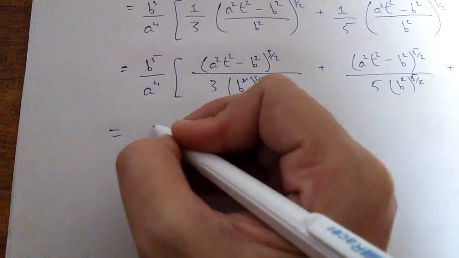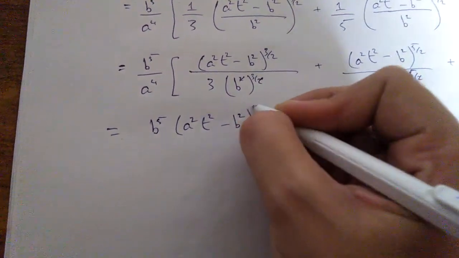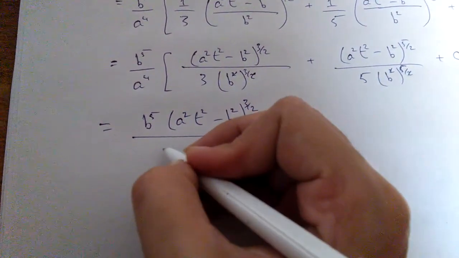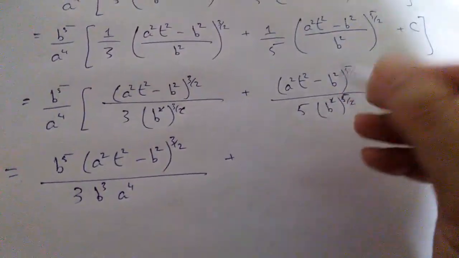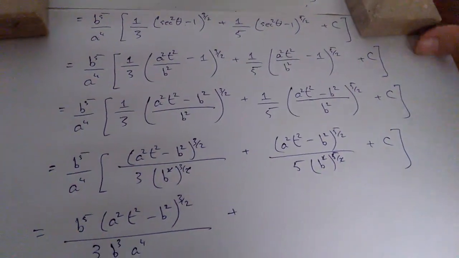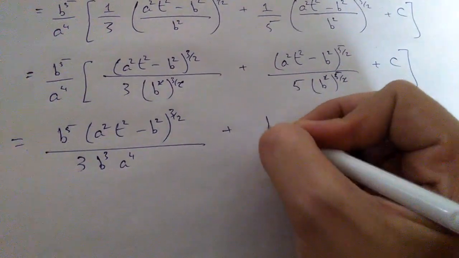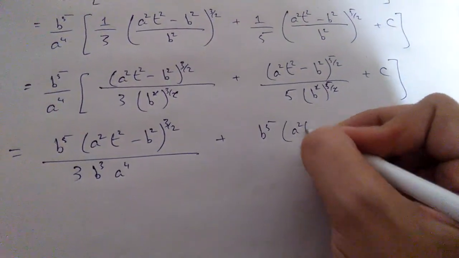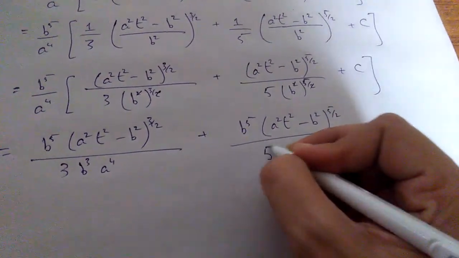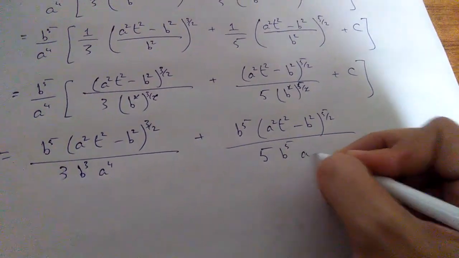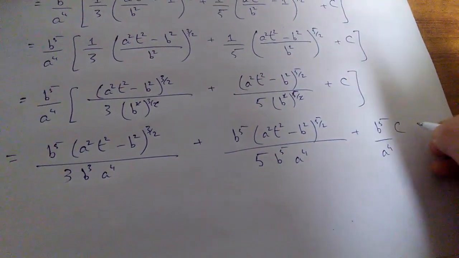So let's see. We are having b power 5 (a square t square minus b square) power 3 by 2 upon 3 b cube a power 4, plus b power 5 (a square t square minus b square) power 5 by 2 upon 5 b power 5 a power 4, plus b power 5 upon a power 4 into constant, and that's it.